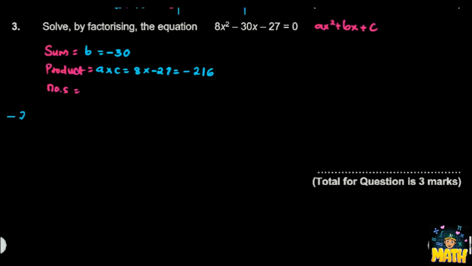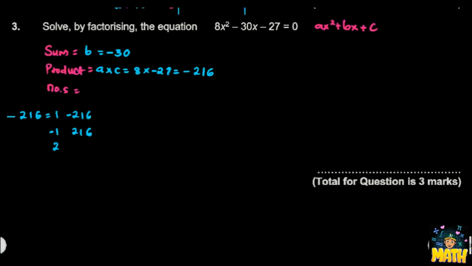So the numbers will be from the product. So we're going to find pairs of factors multiplied together to get negative 216. So we'll start with the obvious one and itself. So because the product is a negative, we can have either 216 being the negative or the 1. So that's why I've given those two pairs.